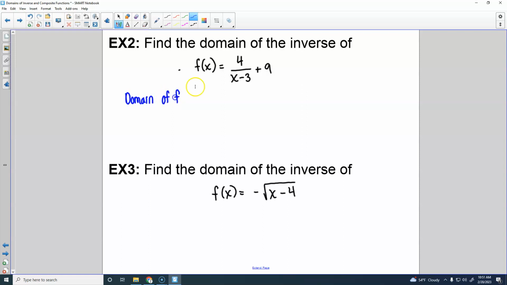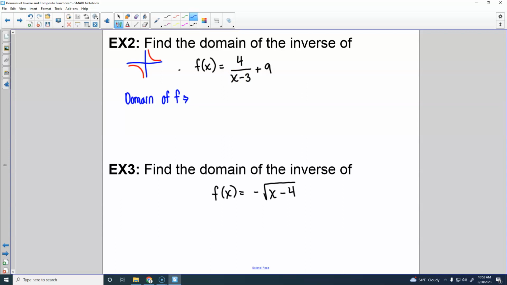of f, this is a rational function. The rational function usually looks like this. Okay, so it has those vertical and horizontal asymptotes. So for my domain, what x value is going to be out of the picture, I cannot have for my x's? 3, because it can't have 0 in that denominator.